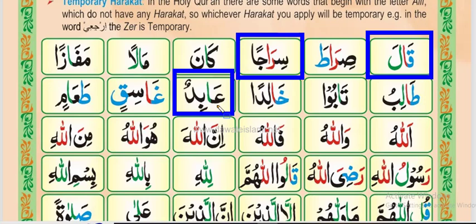In this example we can do this one, and that is ain, alif, ha, ba, kasra bi, abi, dal, double dhamma dun, abidun. Again alif becomes a mother letter, and it is heavy because it has fatha behind.